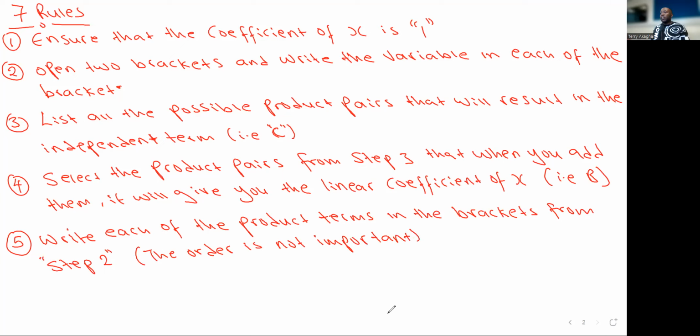All right, so when you're done with that, number 6: you equate the first bracket. At step 5, we're done with the factorization. But usually, most times the question wants you to solve, so you have to go to step 6 and step 7.